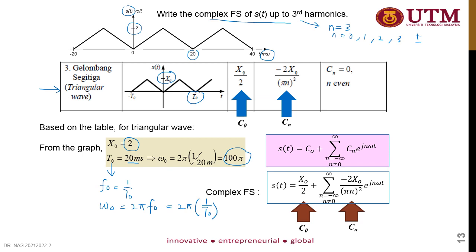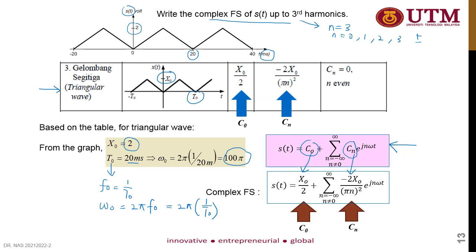Okay, next, write down the general equation, C0 plus the summation of Cn e^(jn omega t). Replace the C0 and Cn equation based on the equation shown from the table. For the triangular wave, the C0 is equal to x0 over 2, and your Cn is negative 2x0 divided by the function.